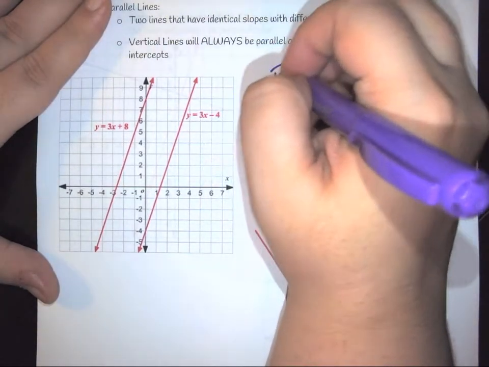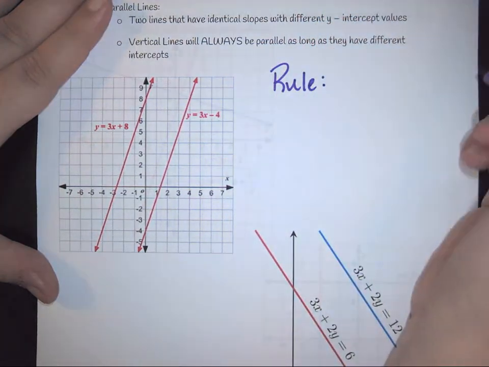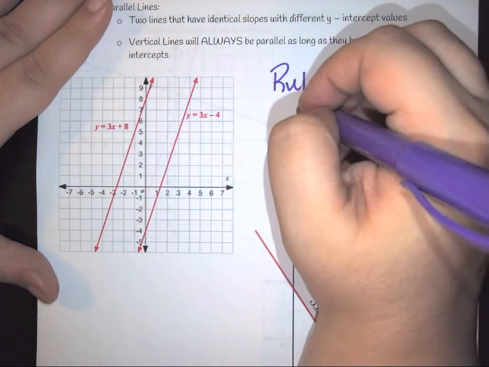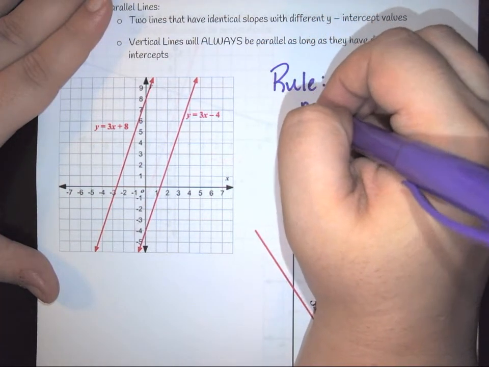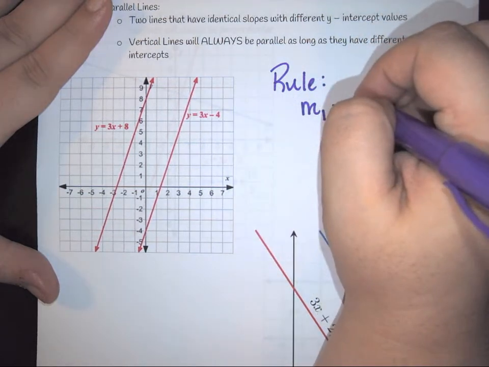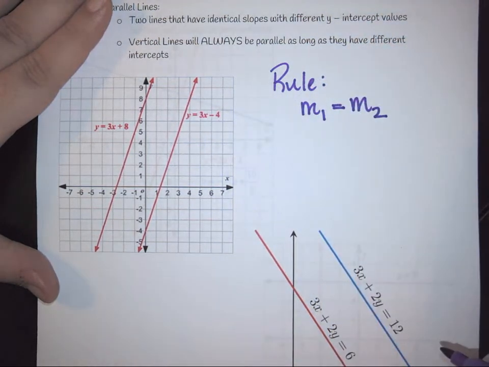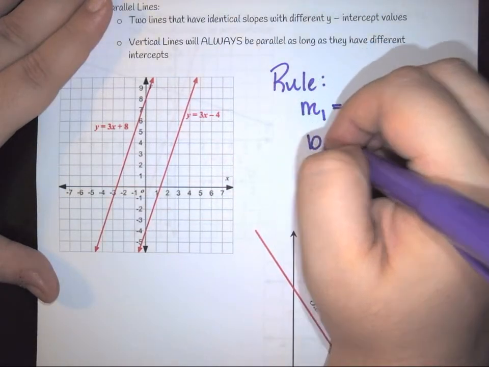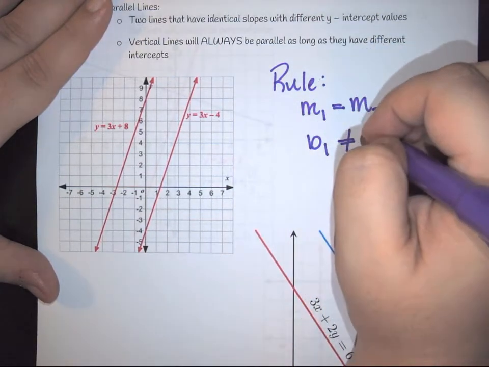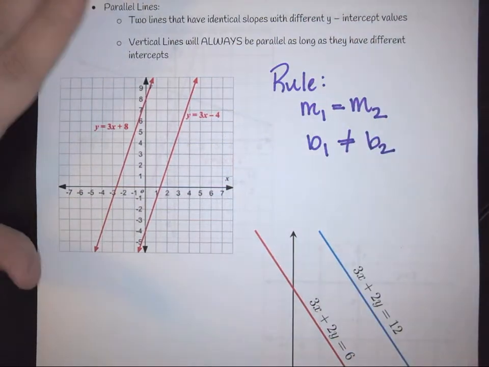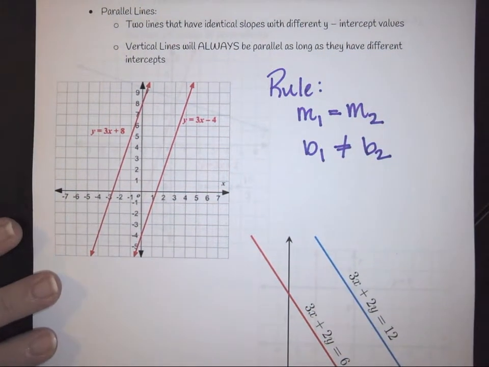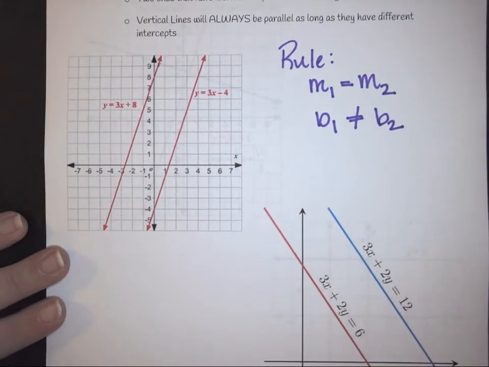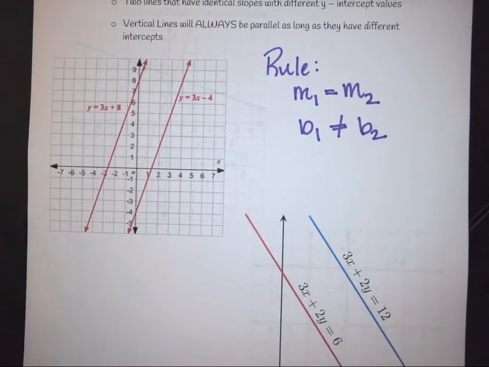In other words, if we look at your rule, the slope of your first line equals the slope of your second line. However, your first y-intercept does not equal your second intercept. So when we're talking about rules, that's one of the things that we are talking about.